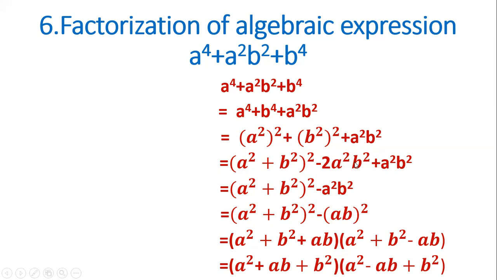Addition and subtraction of the like terms, it comes like this, minus a square b square. This can be further written as ab whole square. So a square minus b square is a plus b, a minus b. This further you can rearrange, plus ab you can keep at the middle, and this minus ab also you can keep at the middle. In this way, we can factorize this kind of algebraic expression.